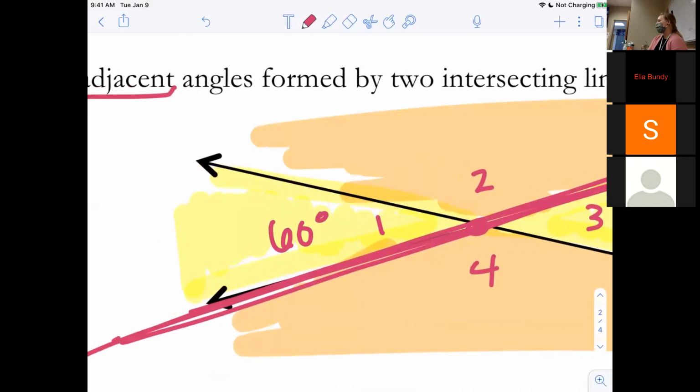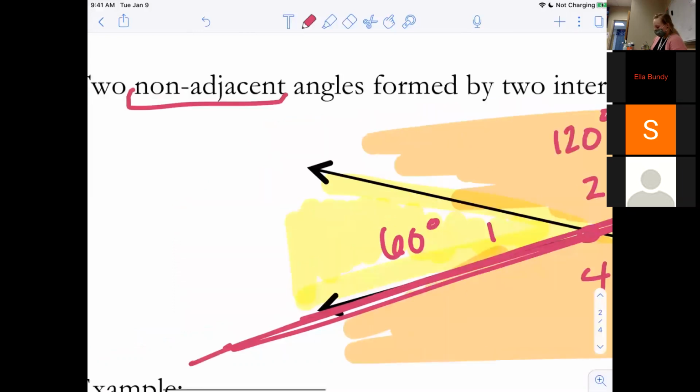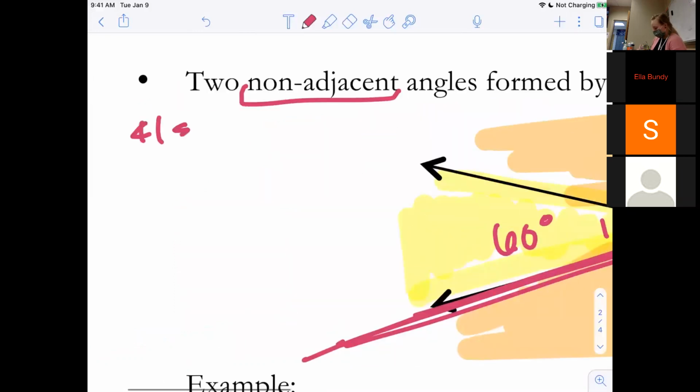If I told you angle 1 was 60, how much would angle 2 have to be? 120. Why, Abby? Because they add up to 180. 60 plus 120 should add to 180. We're using our linear pairs, so we can say angles 1 and 2 are a linear pair.